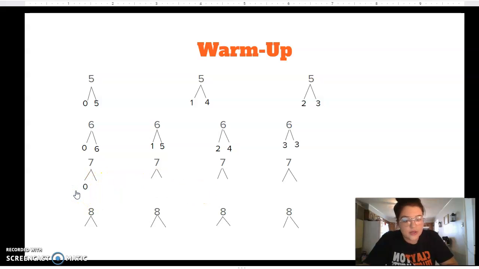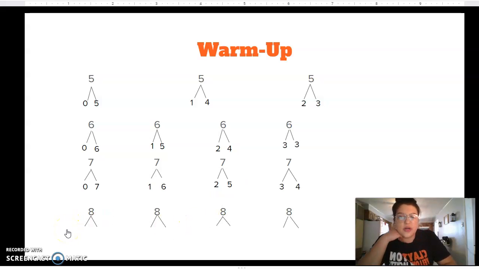We start with 0. 0 plus what equals 7? 7. 1 plus what equals 7? 6. 1 plus 6 equals 7. 2. 2 plus what equals 7? 5. And 3. 3 plus what equals 7? 4.